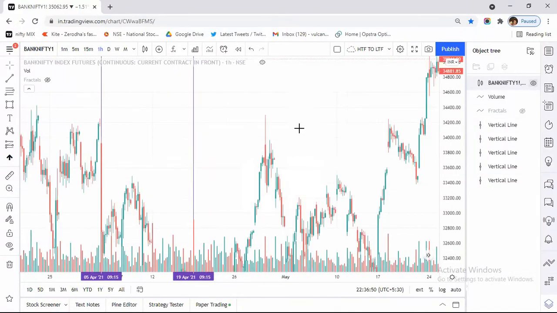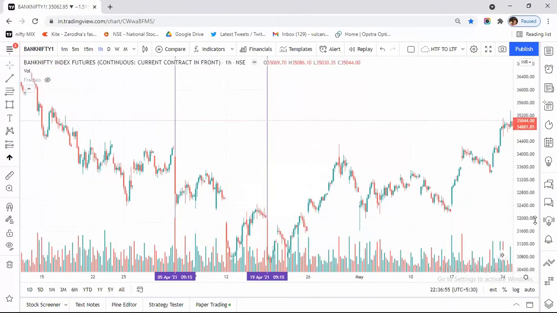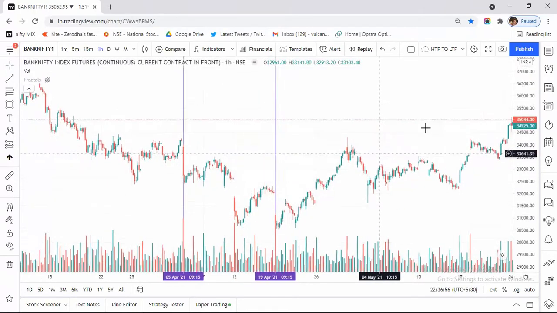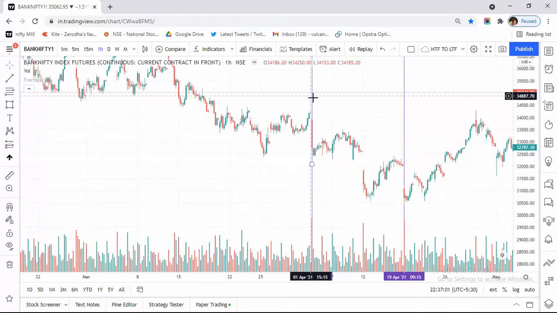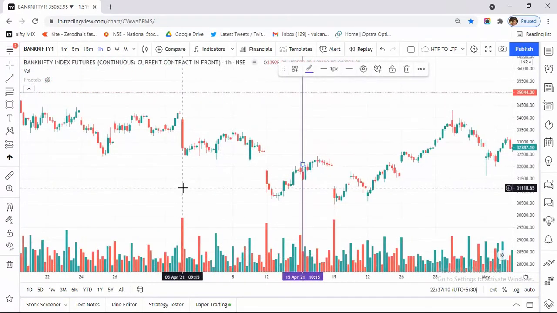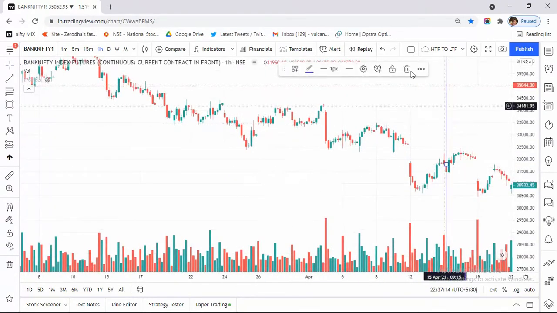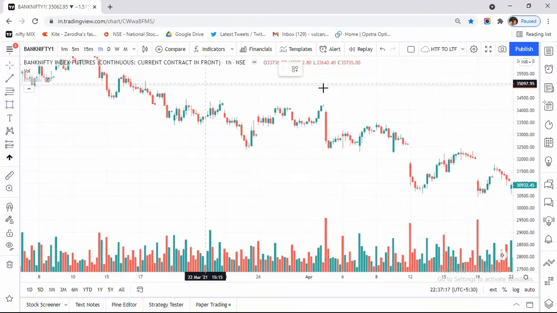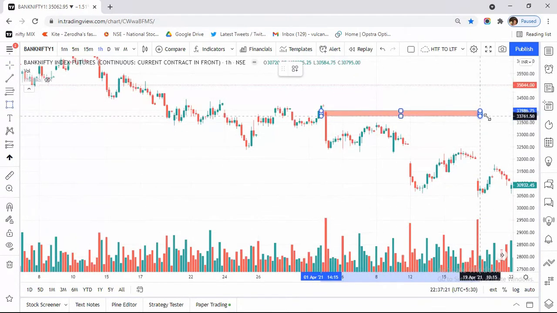Now see how the market behaves at these two levels of supply and demand. I don't know what will happen after 5 April. I see this high volume here on 5 April. And what I teach you is that I will mark the open of the red candle and the open of the green candle.